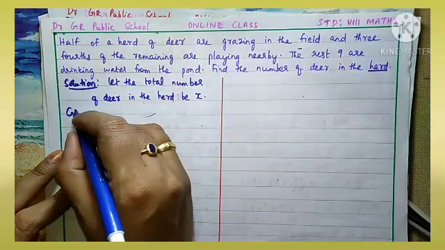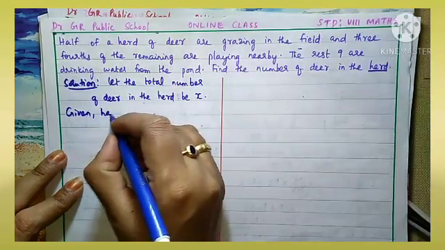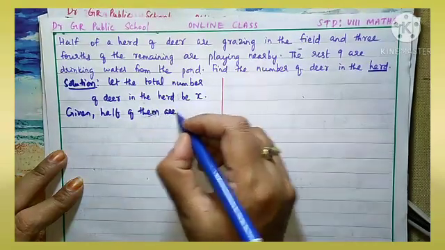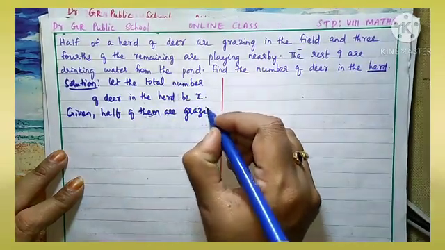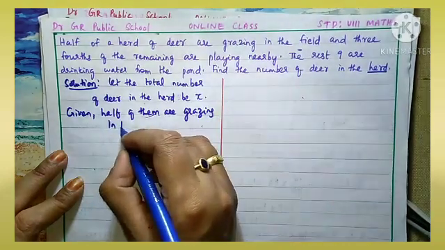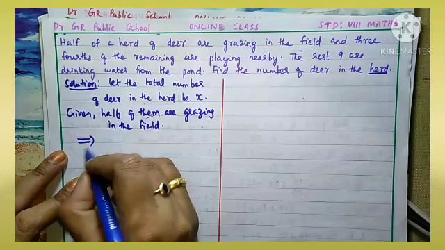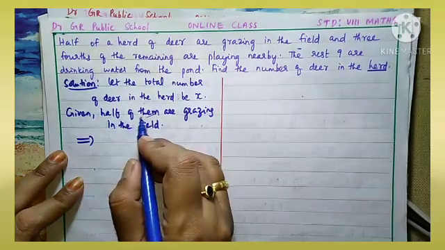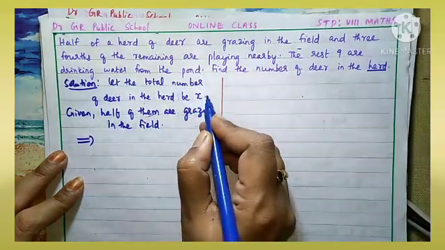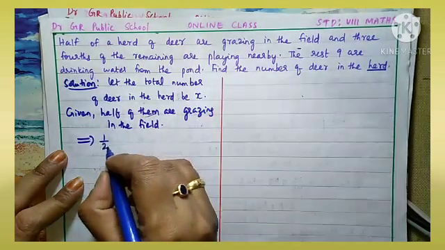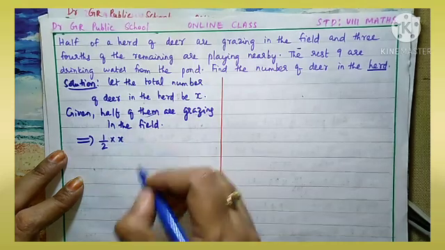So given, half of them are grazing in the field. This implies, what is half of them? The total deer I have taken as x. So half of them means half into x.